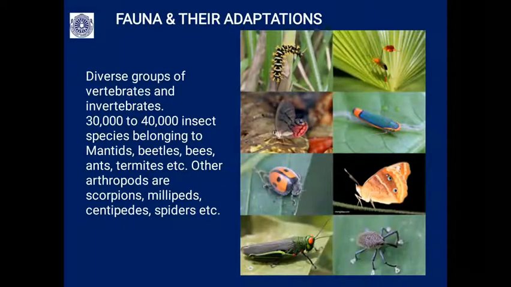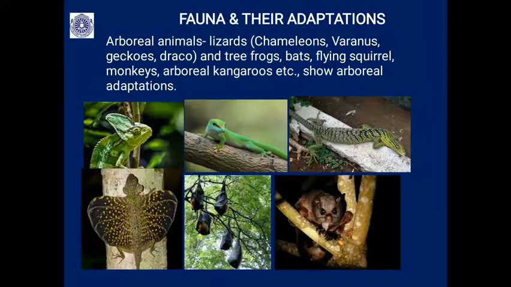Then there are diverse groups of vertebrates and invertebrates. You will find 30,000 to 40,000 insect species in a forest, belonging to the orders of mantids, beetles, bees, ants, termites. All these you will see in the pictures. Varieties of arthropods: scorpions, millipedes, centipedes, spiders. You will find a diverse group of arthropods in the tropical rainforest.